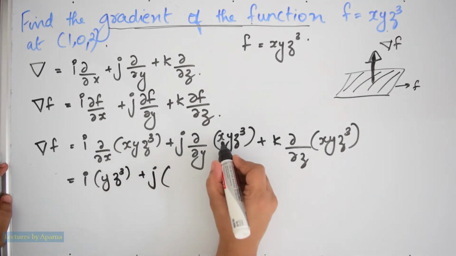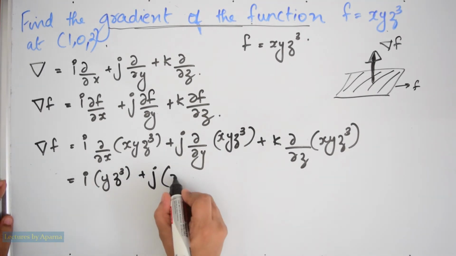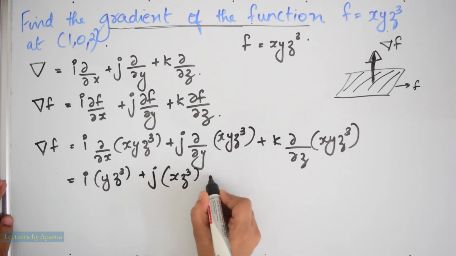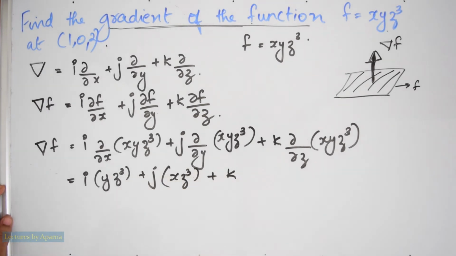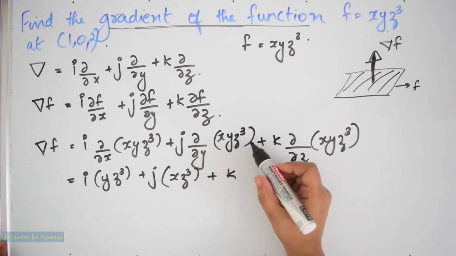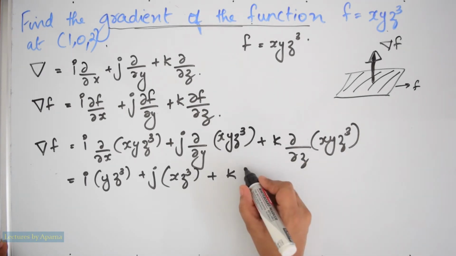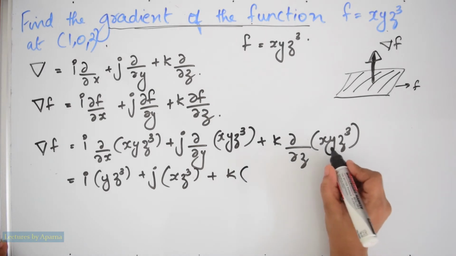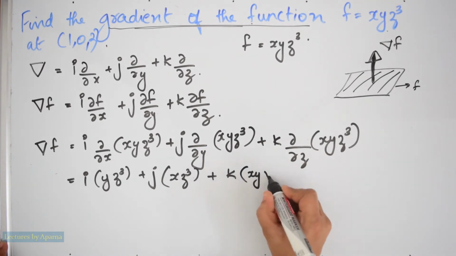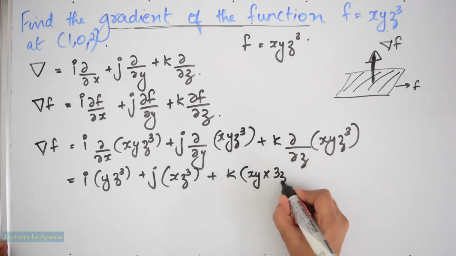In this case x and z cube are the constants, so xz cube, plus k. We are partial differentiating these functions. So k into, in this case x and y are constants, so xy into 3z square.